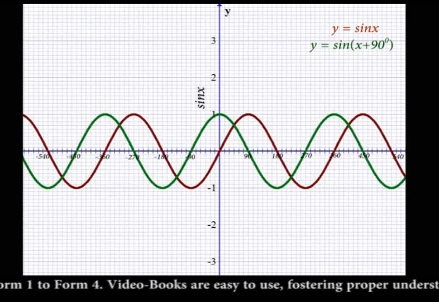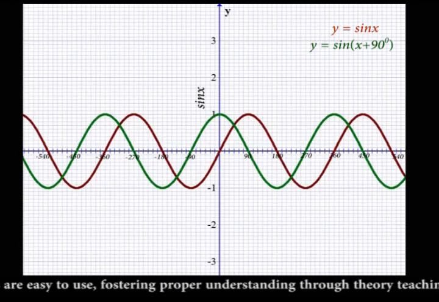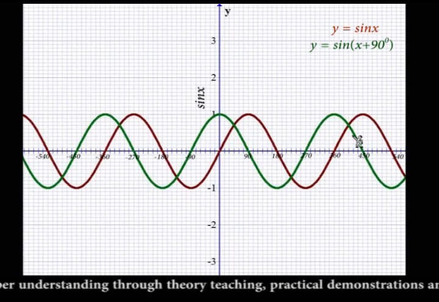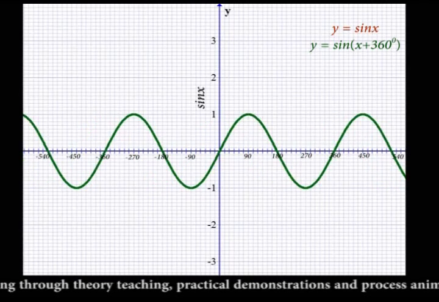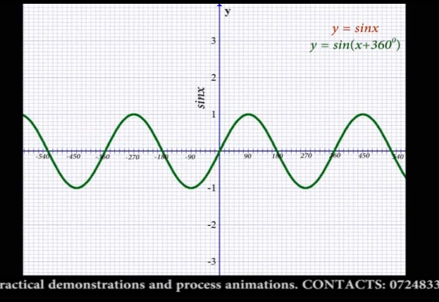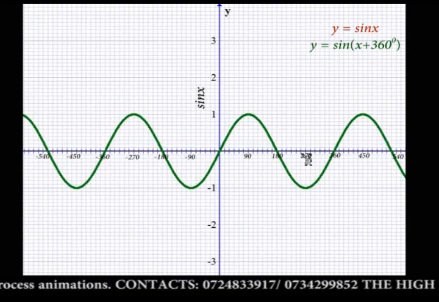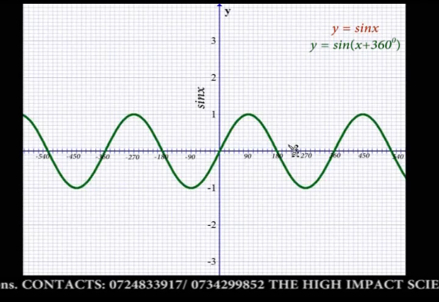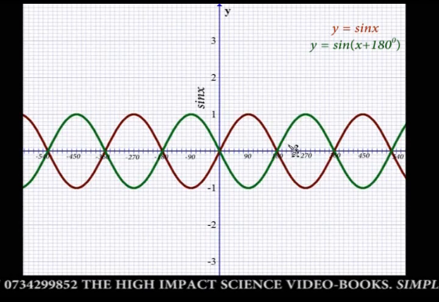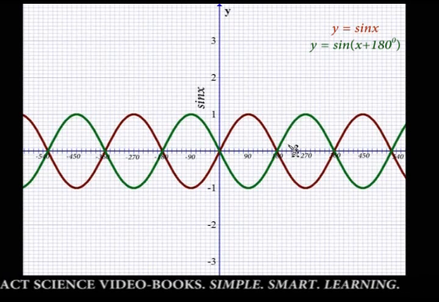But as always with these trig functions, there will be a few transformations that will lead to similar results. Consider shifting the graph by 2 pi radians or 360 degrees. Because 360 degrees is our period, if we shift an entire period, we will land at the same exact graph. If we shift by 180 degrees, here's a result we've seen several times before: a reflection on the x-axis and a reflection on the y-axis.